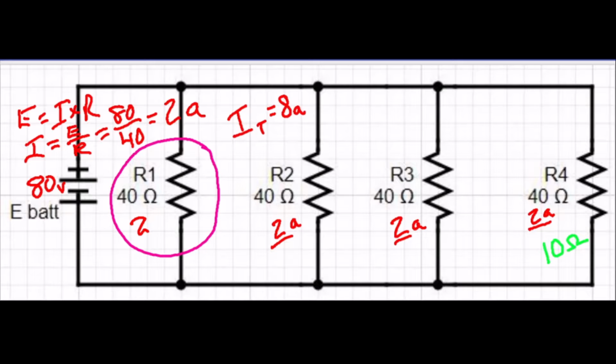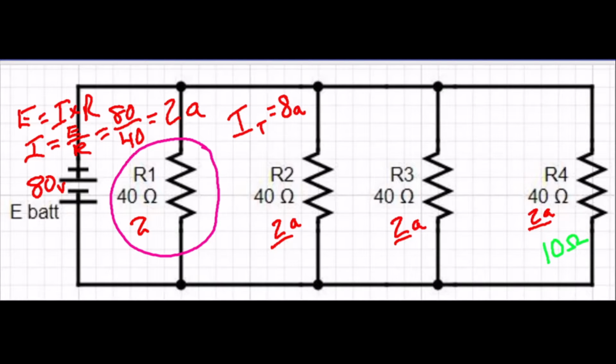Now let's go ahead and solve for the resistance. What is the equivalent resistance of an 80-volt circuit with a total amperage of 8 amps? Well, we should be able to do that.